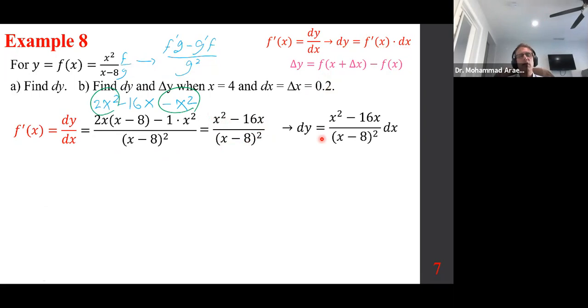To evaluate this, replace the x with 4, dx with 0.2.